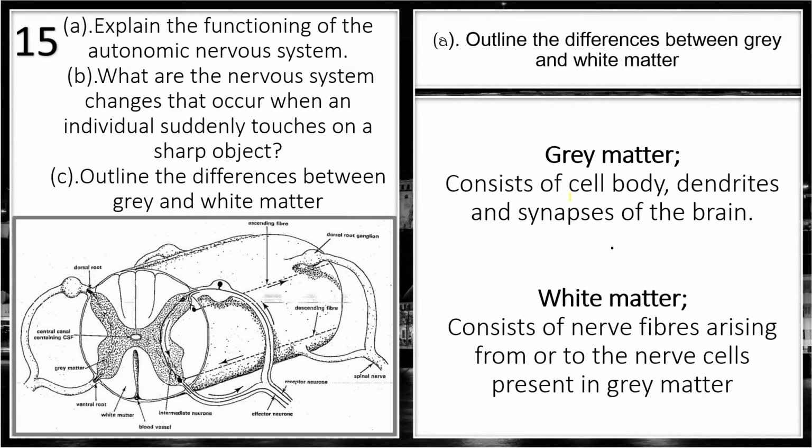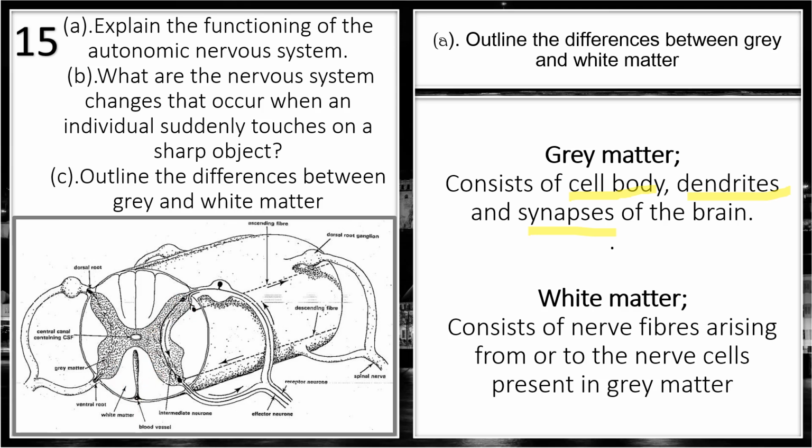It consists of the cell body, that is the gray matter, dendrites and synapses of the brain. So the gray matter here has a lot of cell bodies, like those of the relay neuron. It has a lot of dendrites that are coming from sensory neuron. It has a lot of synapses, those that are passing to the motor neuron, and others going to the brain. Some of them going to the brain are also in the gray matter.